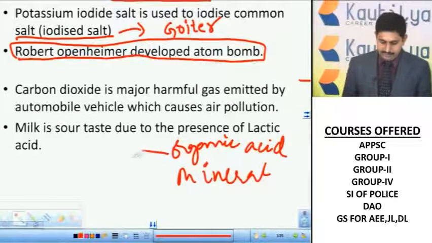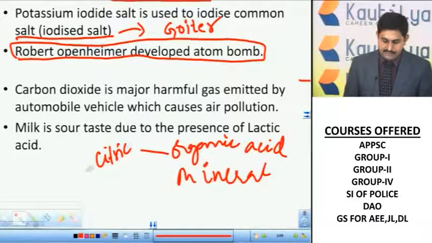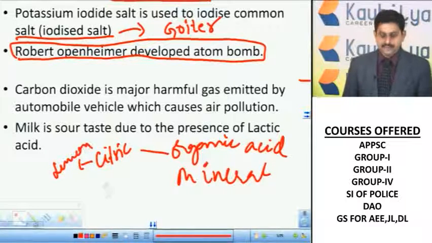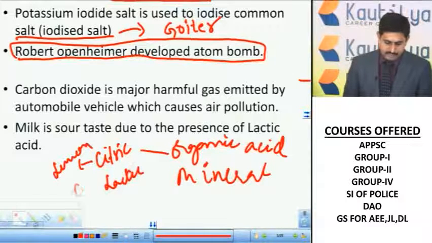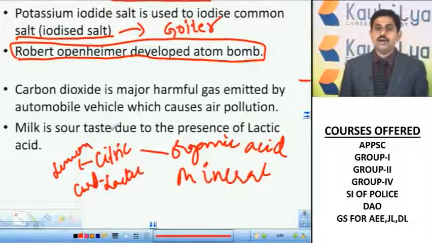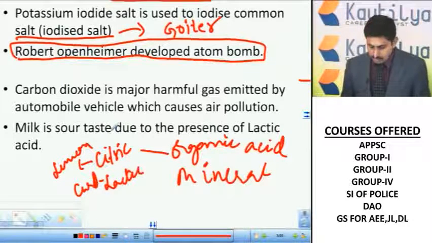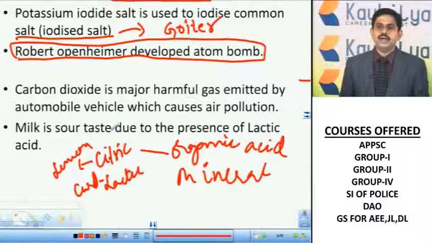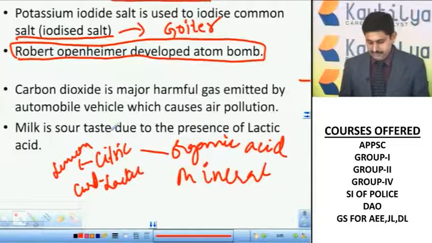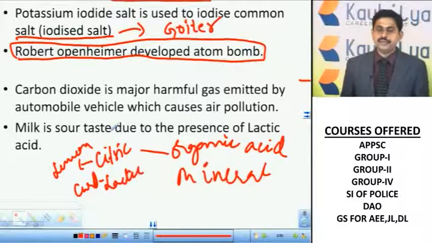Say for example, citric acid is an acid which is present in lemon. Lactic acid is present in milk and curd. So these acids are called organic acids. Organic acids are those acids which are present in edible substances, maybe fruits, maybe other substances.